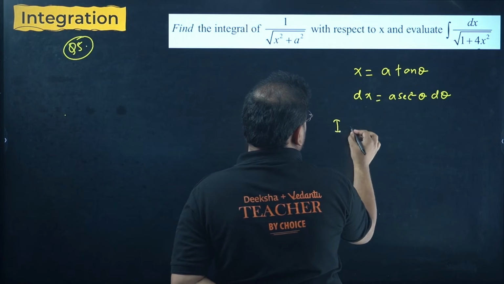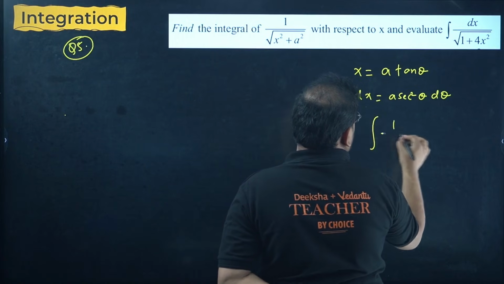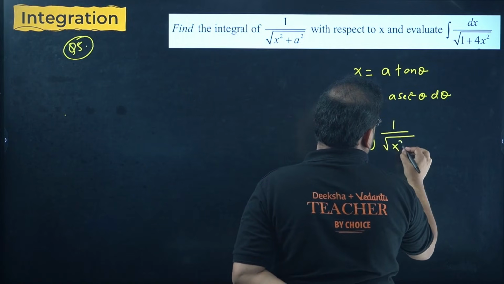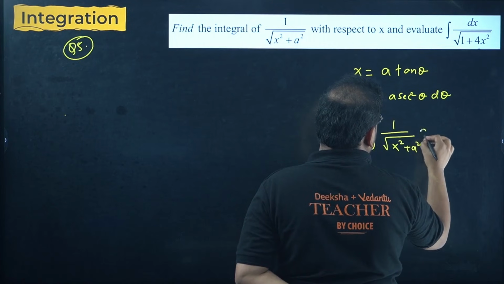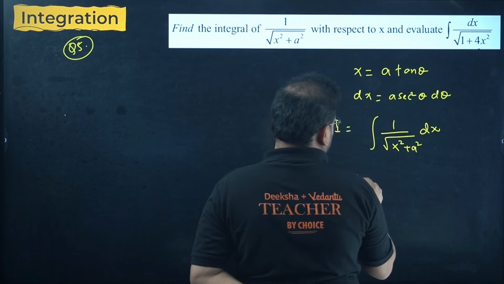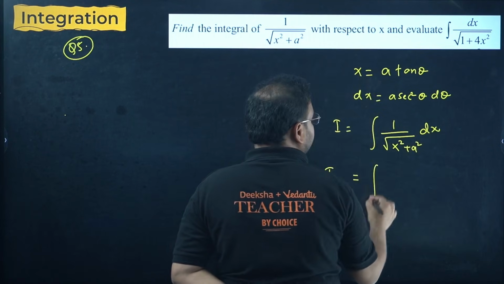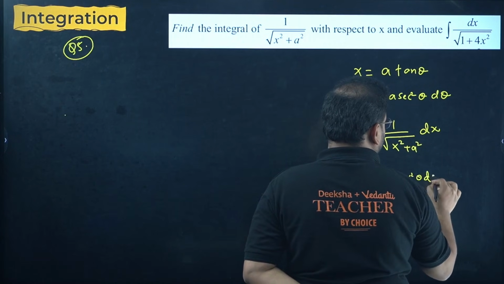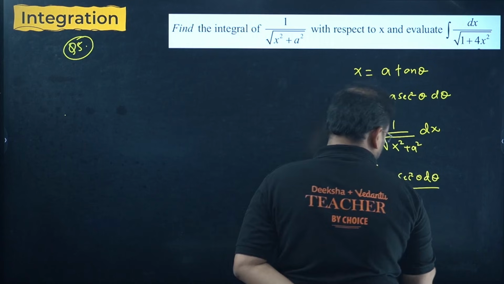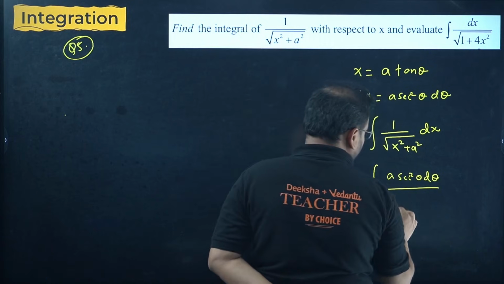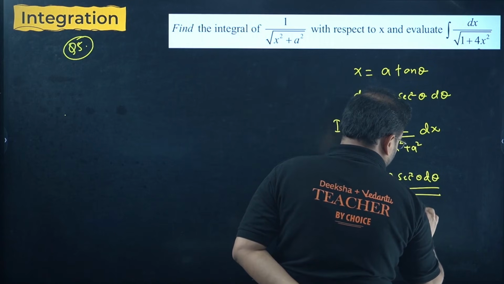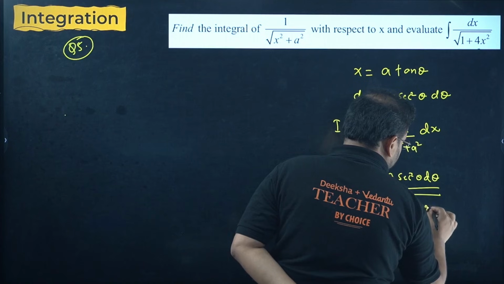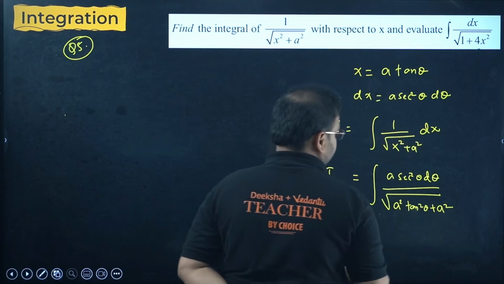The integration is given as I equal to integration of 1 upon root of x square plus a square dx. Use the substitution that we have made. dx becomes a secant square theta d theta divided by, in the root we have a square tan square theta plus a square.